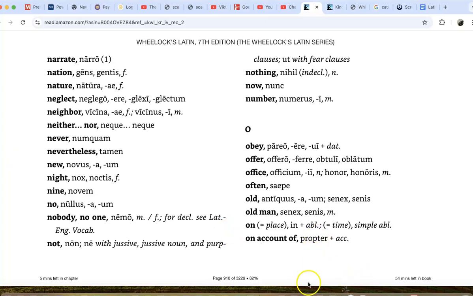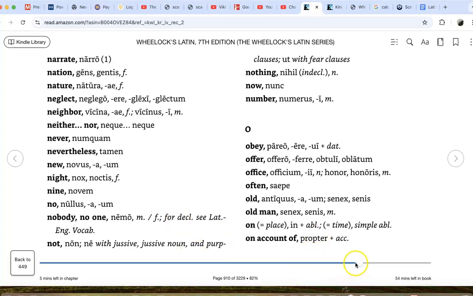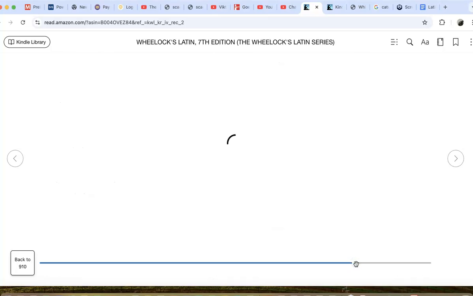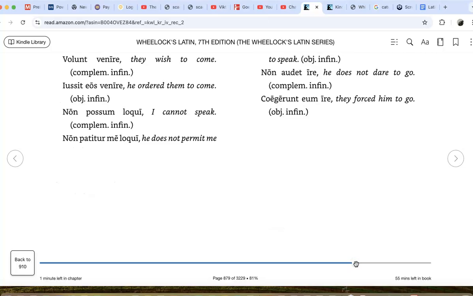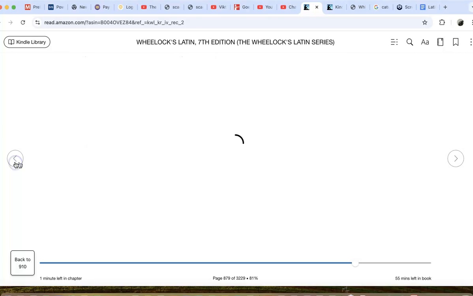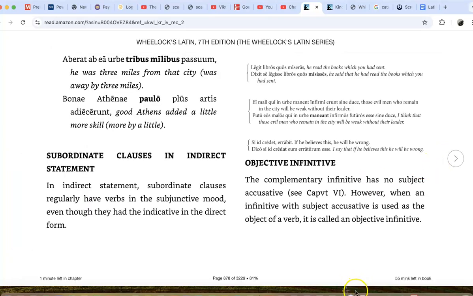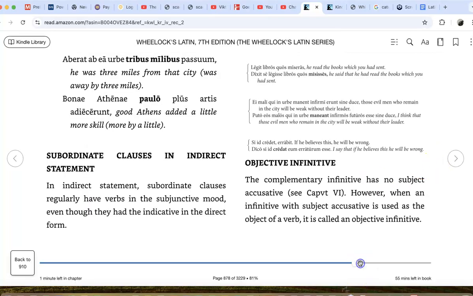Let's see, this is taking a little bit long here for some reason. I apologize, I had it queued up, but when I changed tabs, it looks like it closed it.